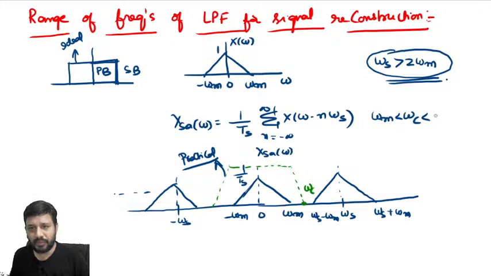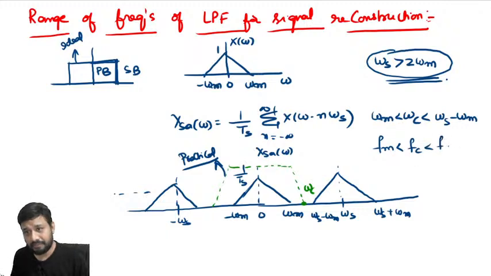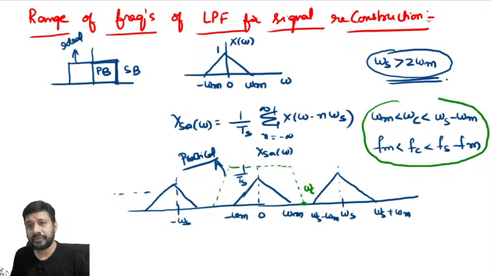Omega c must lie between omega m and omega s minus omega m. Based on this relation also previous GATE questions were framed. Remember, my dear students. Cutoff frequency must lie between, for a practical filter, omega m and omega s minus omega m.